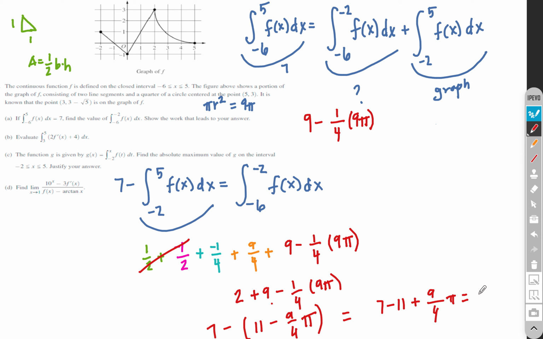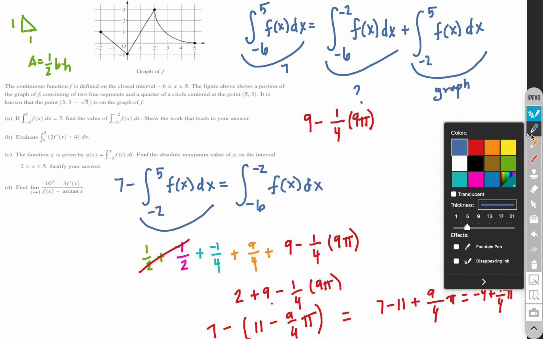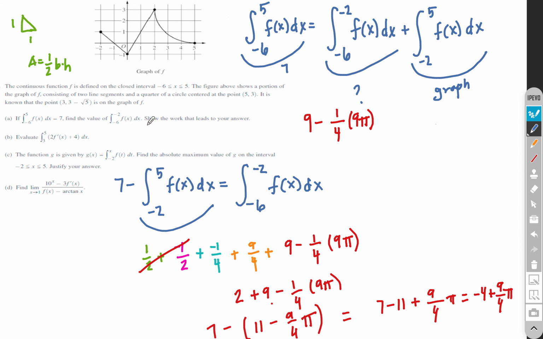That's equal to -4 plus 9/4 pi. And so our final answer is 9/4 pi minus 4. That's our final answer for part A.